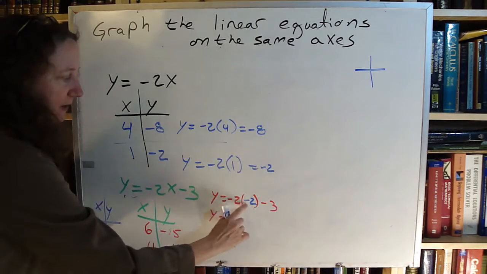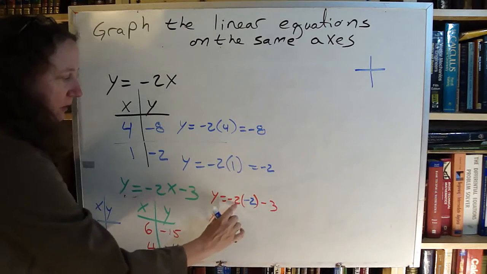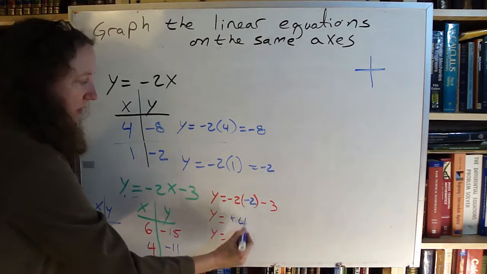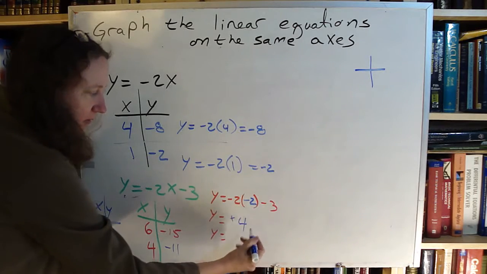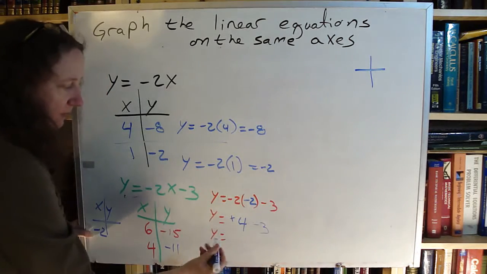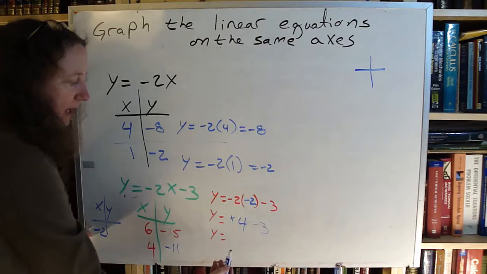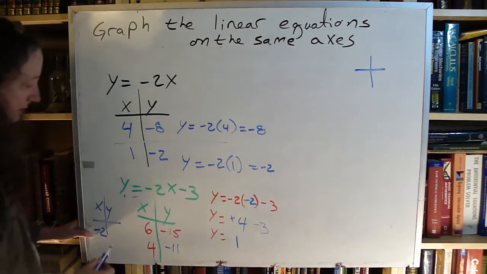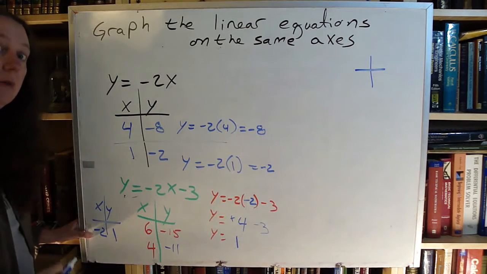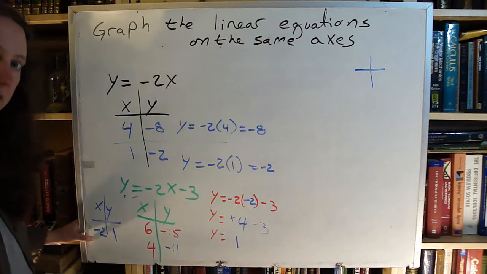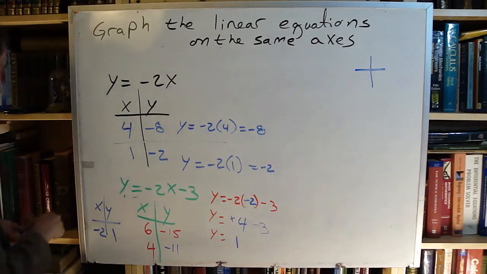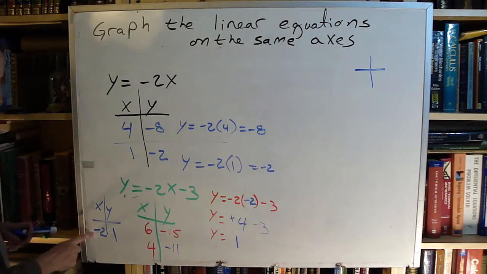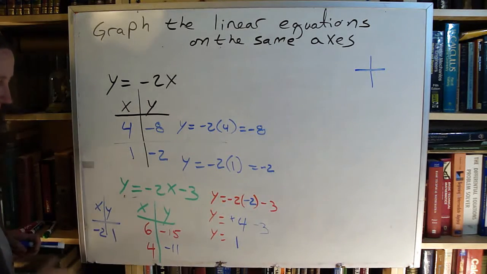So now I have negative times negative is positive. 2 times 2 is 4. Carry down my minus 3. Positive 4 minus 3 is 1. Much smaller number, much friendlier for my graph. So I am going to use this negative 2 comma 1 and the 4 comma negative 11.